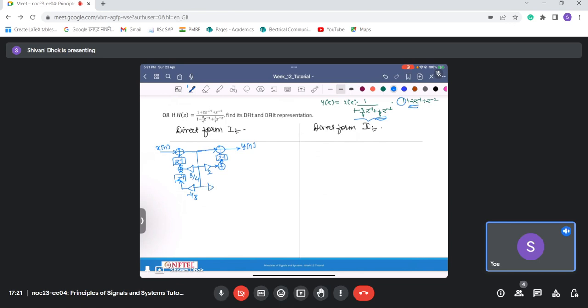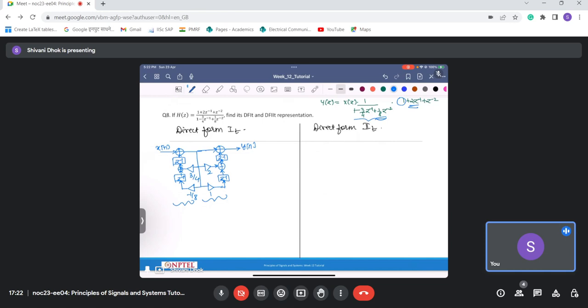Similarly, it will have a gain of 1 and a delay of minus 2 here. These two in combination will give me a delay of 2 units. So this is my direct form 1 transpose, and the direct form 2 transpose is obtained by just interchanging these two things.